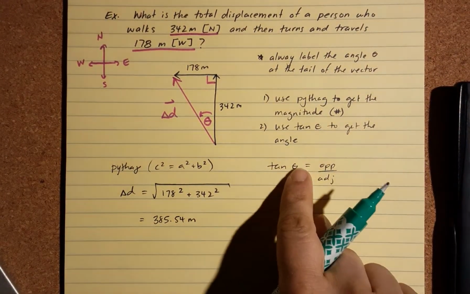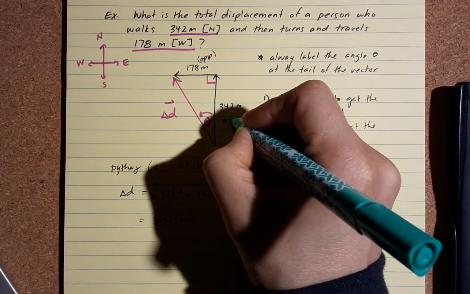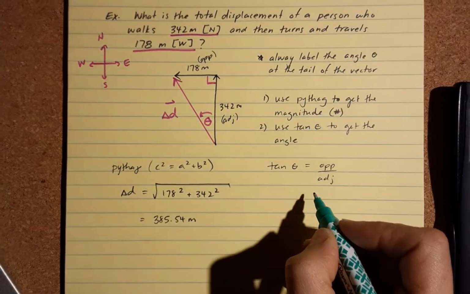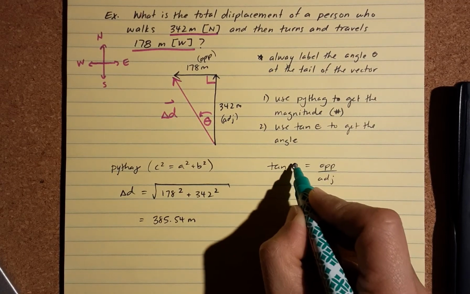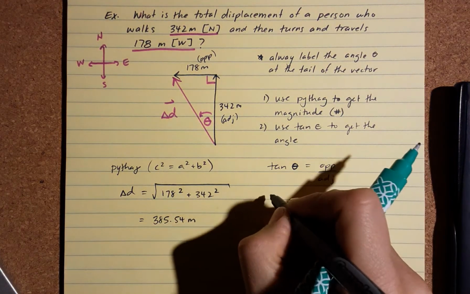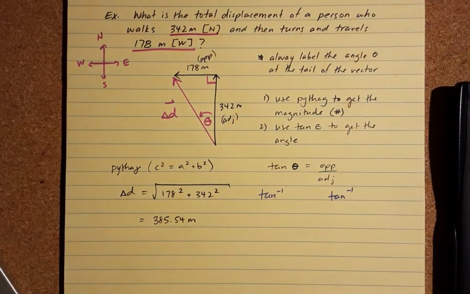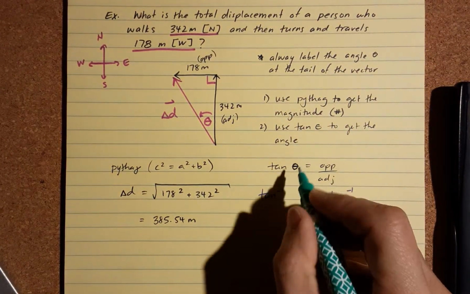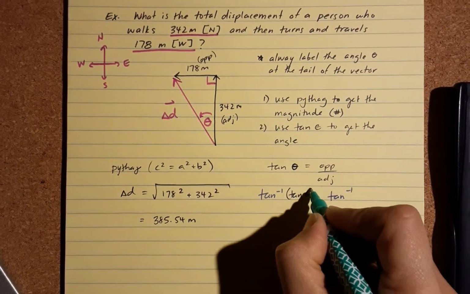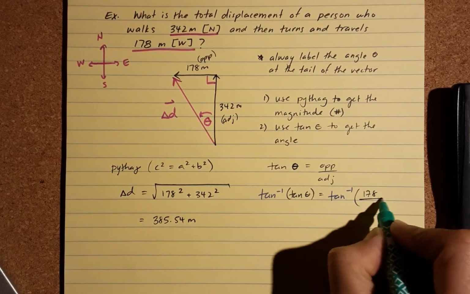Okay, so here tan theta equals opposite over adjacent. This is the opposite. This is the adjacent. And because I want theta, you have to remember we need to get the theta out of the function. So what we're going to do is take the tan inverse of both sides, right? Because whatever we do to one side, we have to do to the other. And opposite is 178.